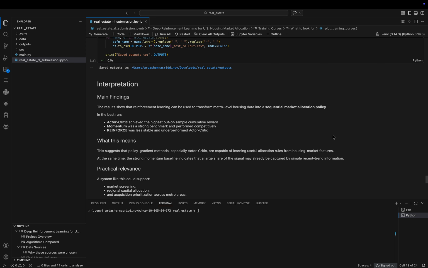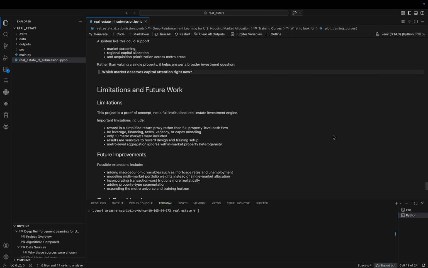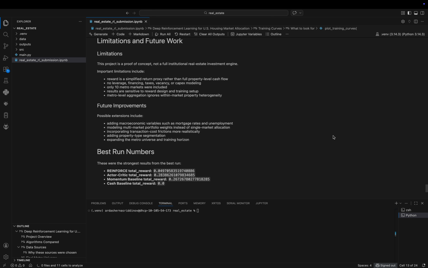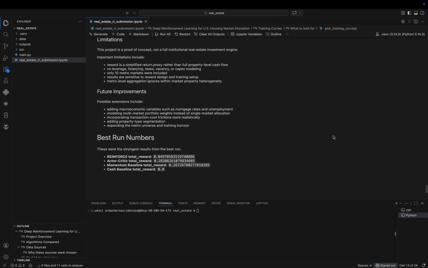The main limitation is that this is a simplified metro-level proof of concept. The training period isn't awfully long. It also doesn't include higher-level market conditions like interest rates, taxes, and financing. The final takeaway is that the Actor-Critic was the strongest method for the sequential real estate allocation task, and it outperformed the baselines. That's pretty alright for itself.